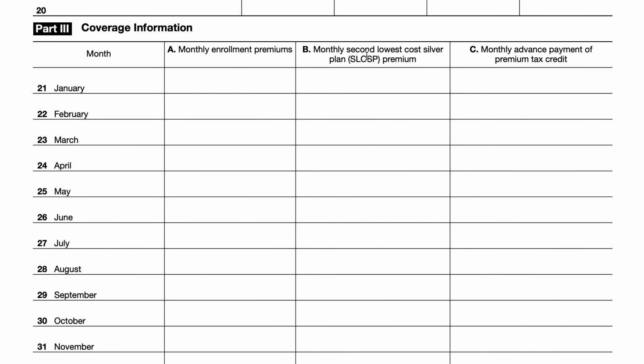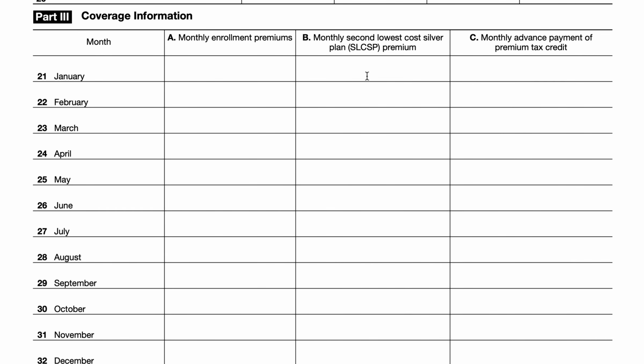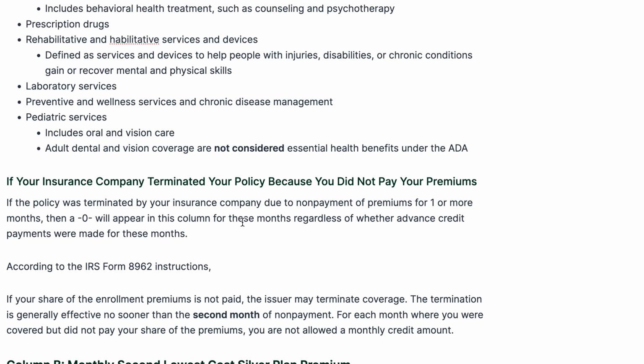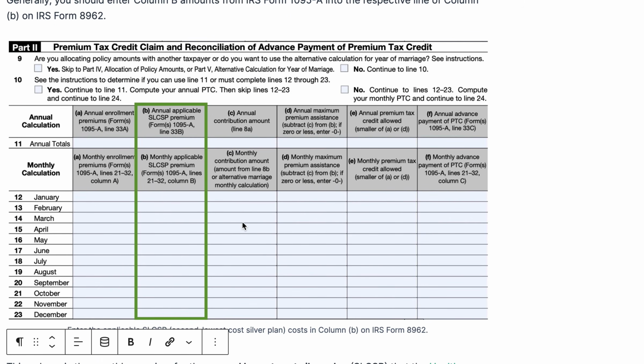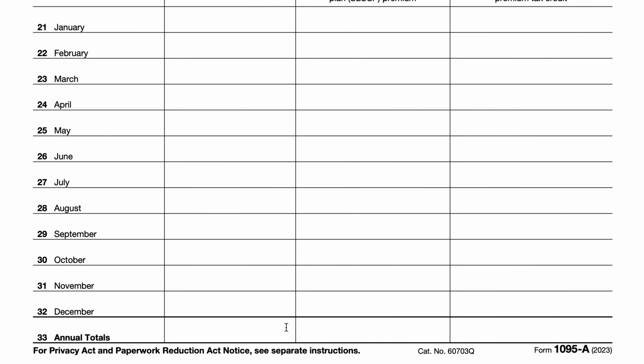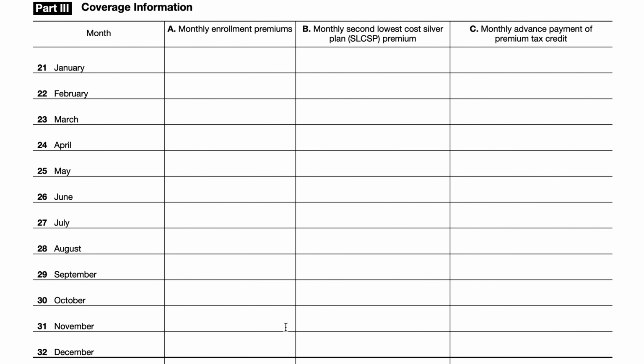So you would take your numbers from column B and input them into column B on IRS Form 8962. Again, the annual totals in this case are in line 11, and the monthly totals are in lines 12 through 23. So it's slightly different from what's on Form 1095-A. Just pay attention to that.